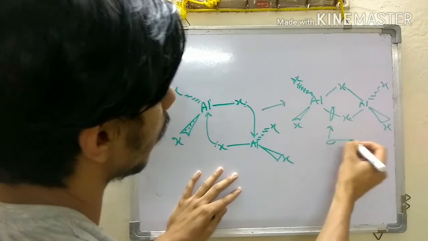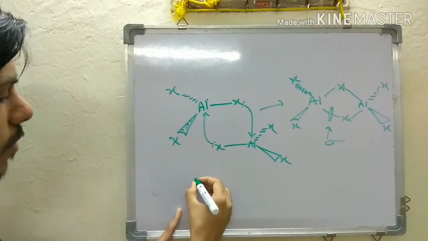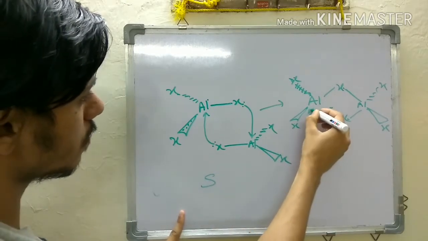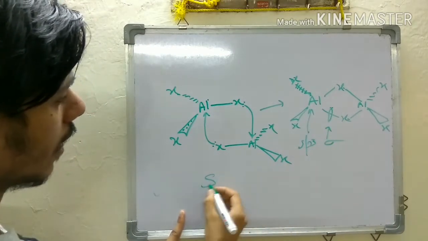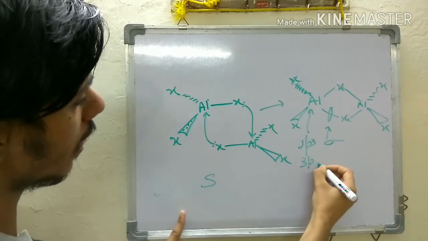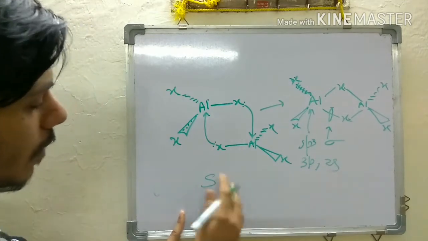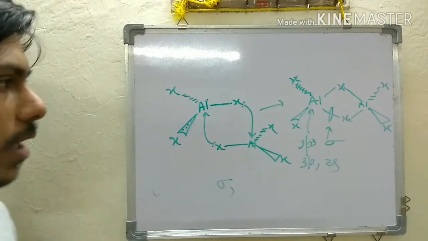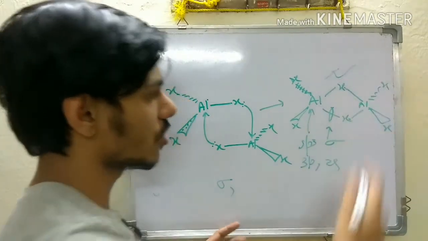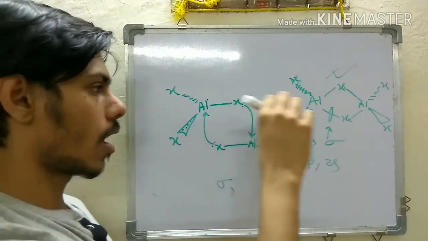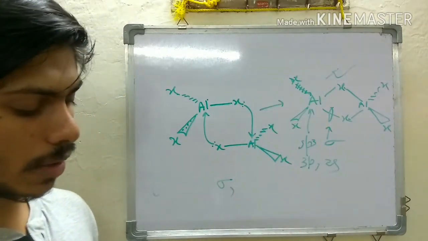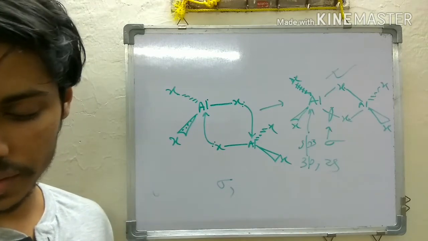If you consider a sigma bond involving an sp3 hybridized orbital, in this case it is sp3 hybridized, and this also uses the 3p and 3s orbitals, nevertheless this sigma bond involving the sp3 hybrid is stronger than a pi bond. That's why this stabilization is more than your pi bond formation. So that's why aluminium trichloride is fine for this dimerization.